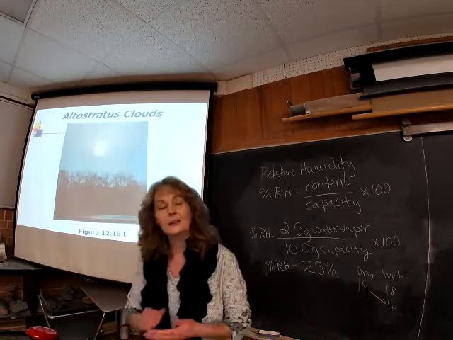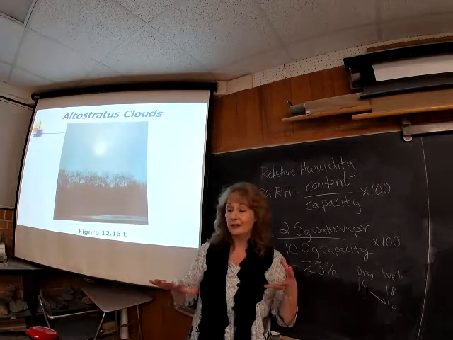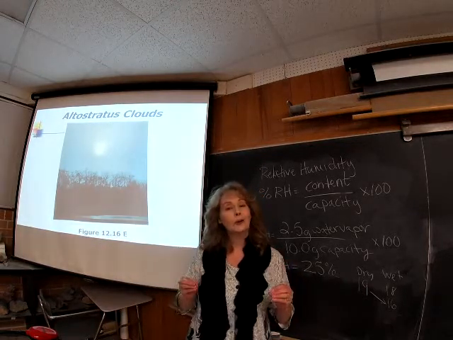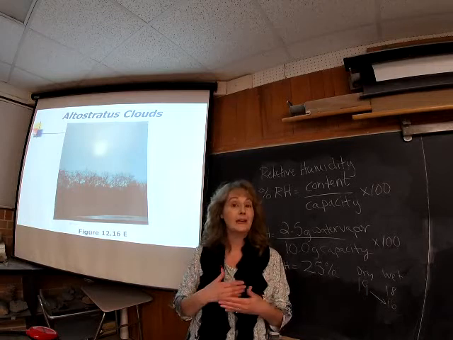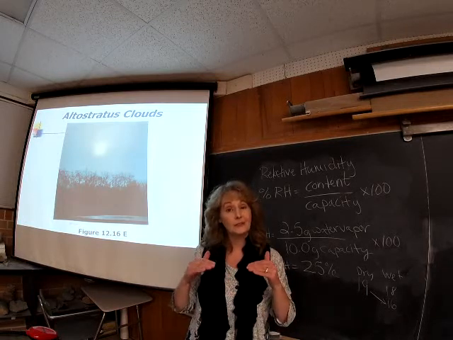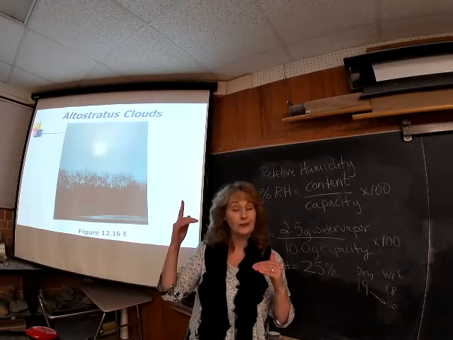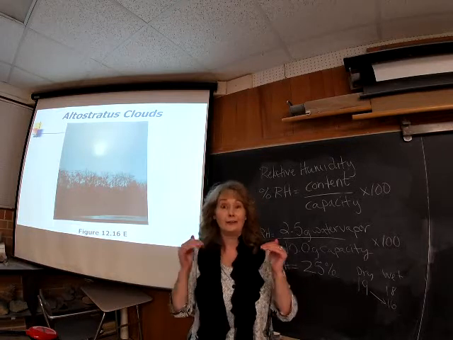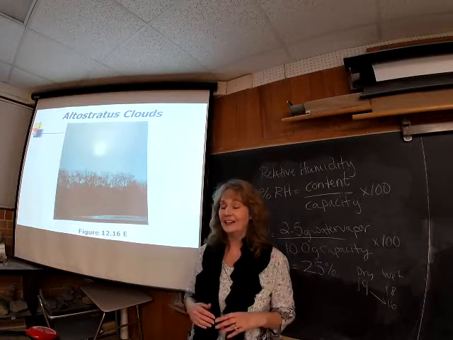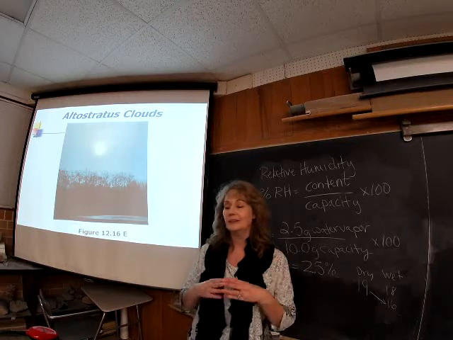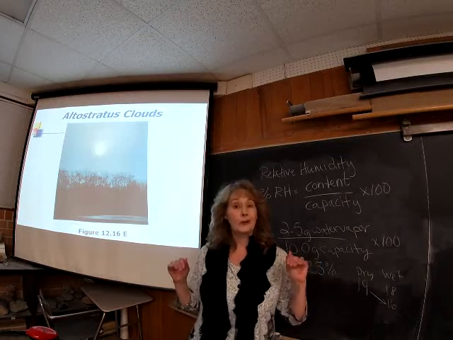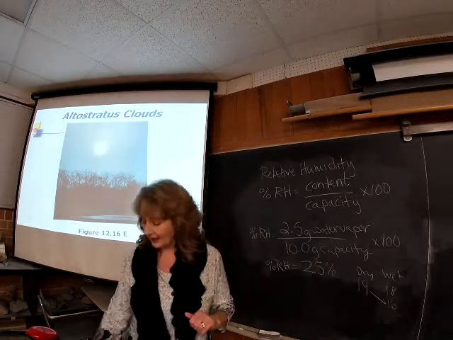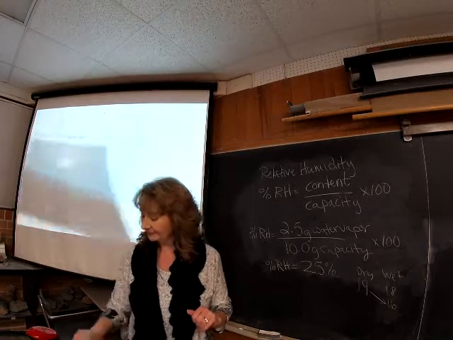So stratus in that they are sheet-like, kind of covering the sky, but alto, that term alto is mid-level. You have your sopranos, you have your bass, you have your alto, kind of medium range in there. So mid-level clouds, but they're layered. So an altostratus cloud.